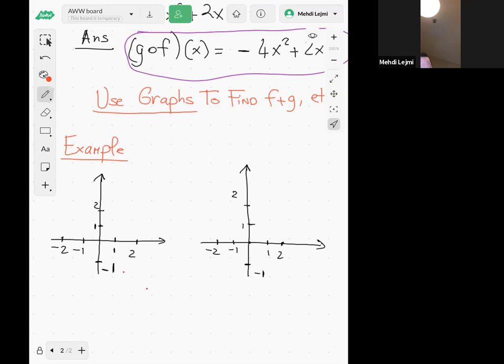The graph of f is this one here. This is -1. This is f of x.